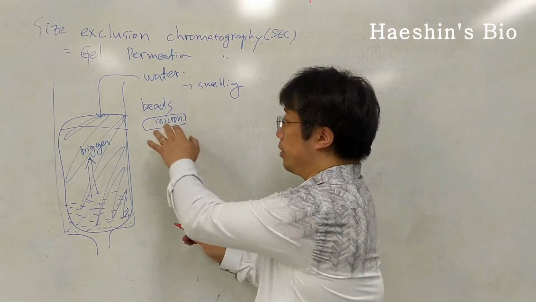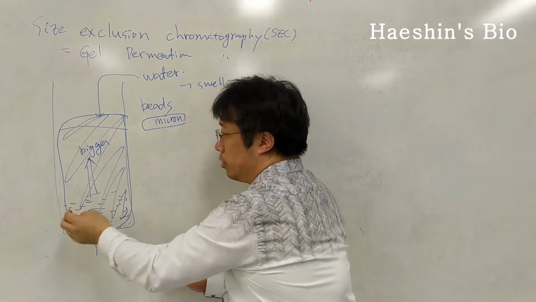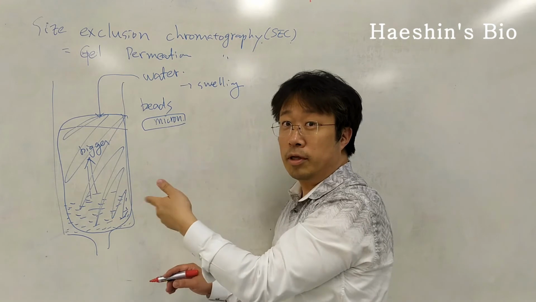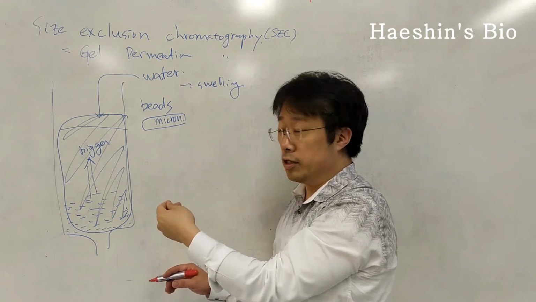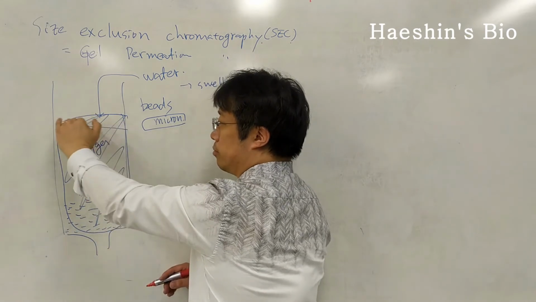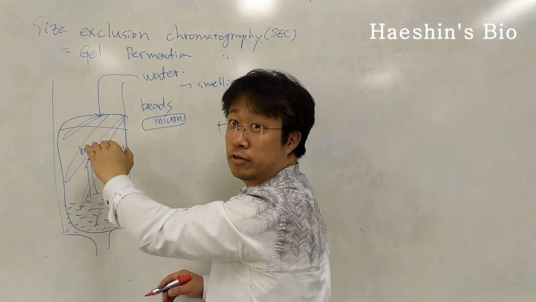I'll continue the explanation. The microbeads that I showed before are initially powder, and then I put in water or different solutions, depending on the situation of the protein purification. They get water and swell, and their volumes become much larger than the initial volume of the beads.